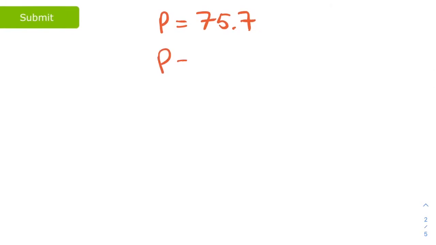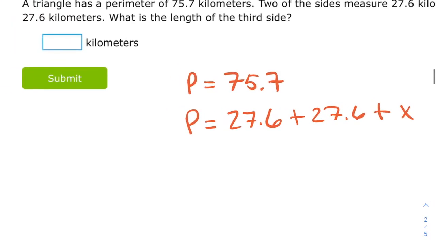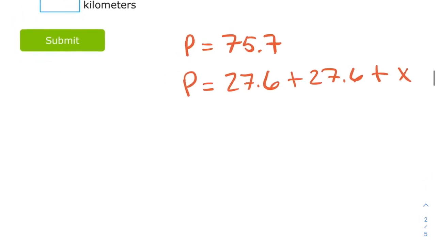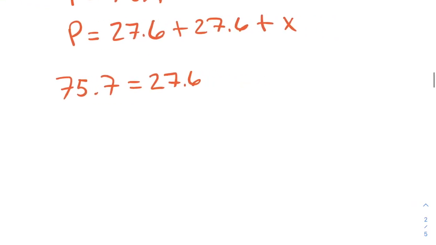But the perimeter also equals 27.6 plus 27.6 plus unknown. I don't know what the last side is. So what I need to do is set up an equation. So 75.7 equals the first side and the second side and the third side.